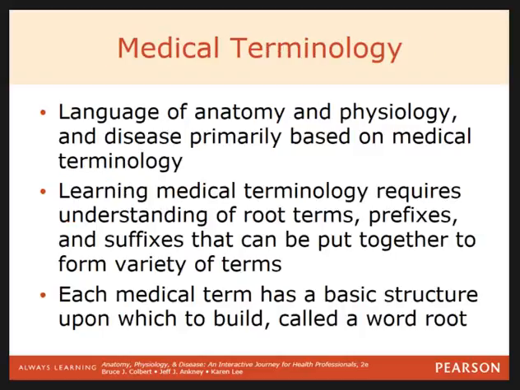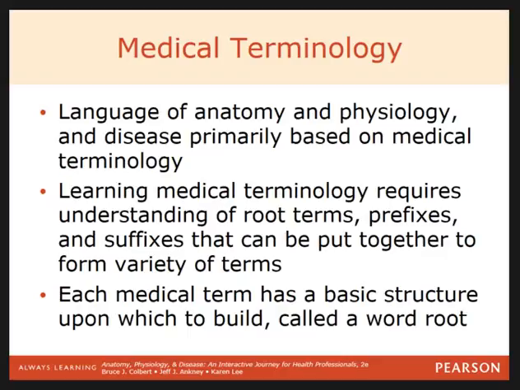And rounding it out, medical terminology is a language of anatomy and physiology and disease, primarily based in medical terminology. Learning medical terminology requires understanding of the root words, the prefixes, the suffixes, and how they can be put together to form a variety of different terms.